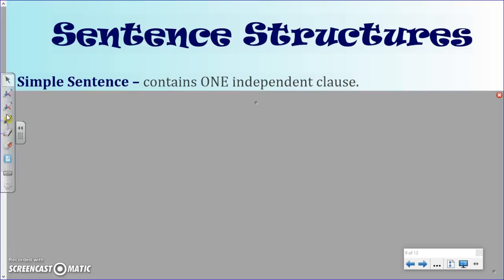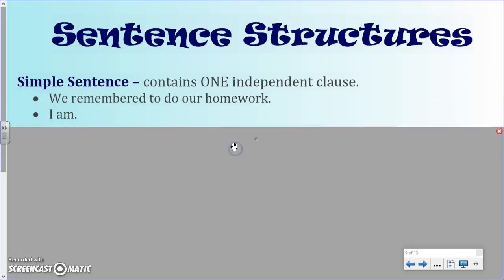So the first one we're going to look at is a simple sentence. A simple sentence contains one independent clause. So it's a short sentence, it's to the point, it has one subject, one verb, so it's one main idea. I have two sentences here. We remembered to do our homework. Remember, we're underlining subjects once, and verbs or predicates twice.